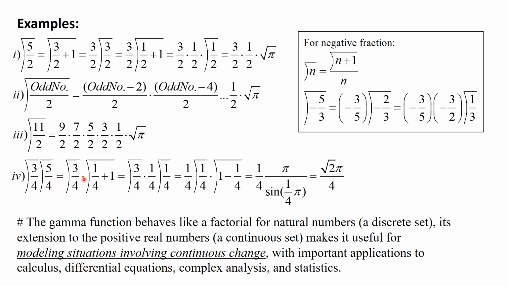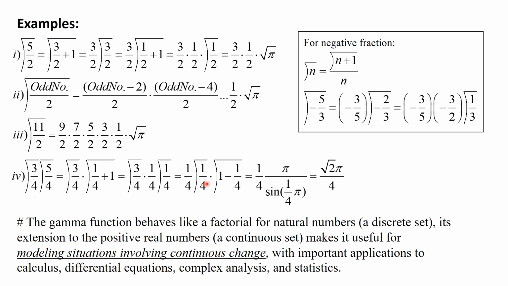So gamma 3 by 4 as it is into gamma 5 by 4, we can write as gamma 1 by 4 plus 1. Gamma of n plus 1 is n into gamma of n. So keeping gamma 3 by 4 as it is, into 1 by 4 gamma 1 by 4, and then use the formula for gamma 1 by 4 into gamma 3 by 4.